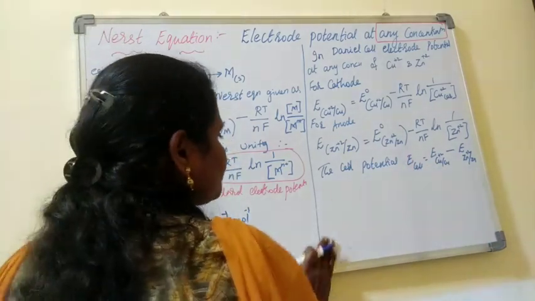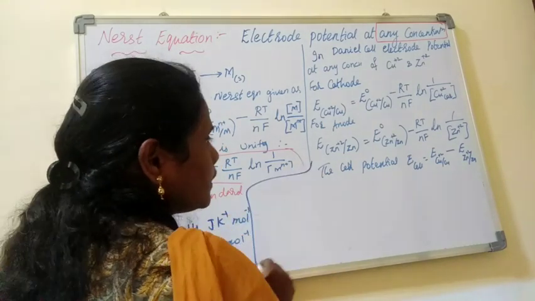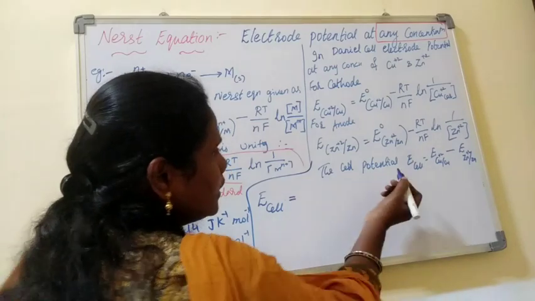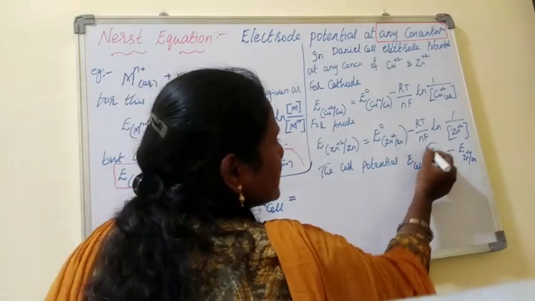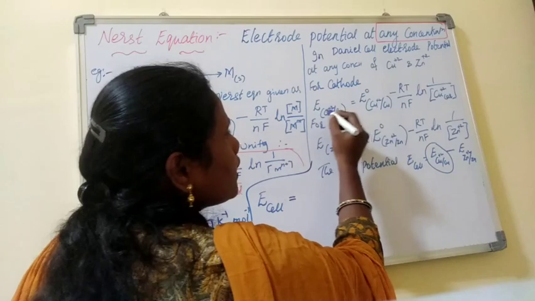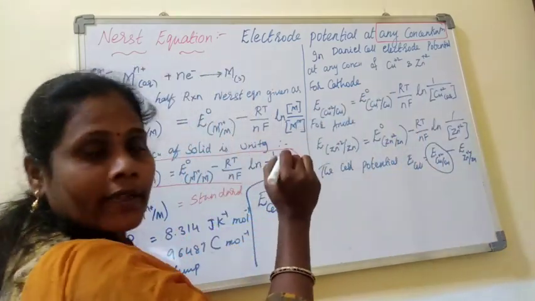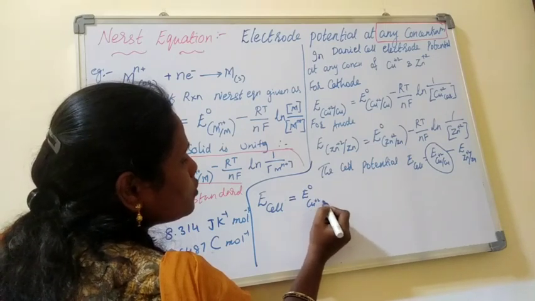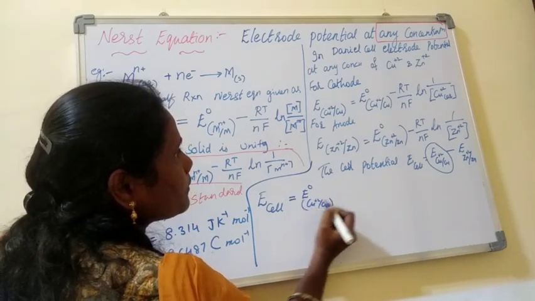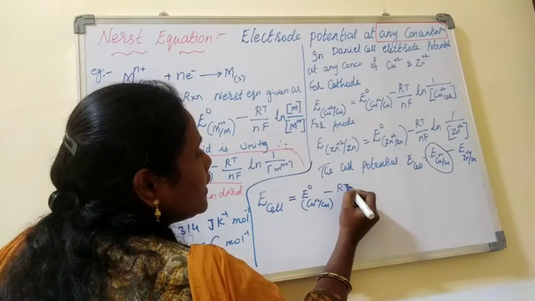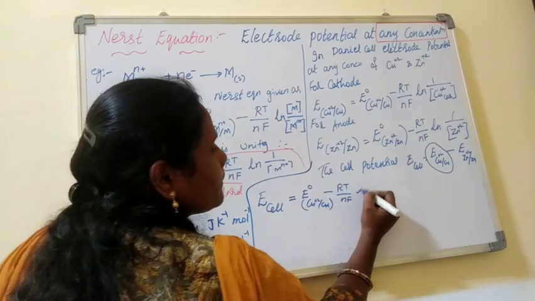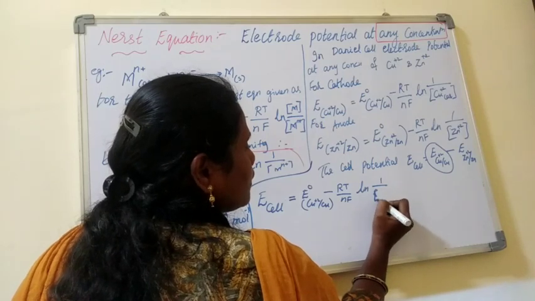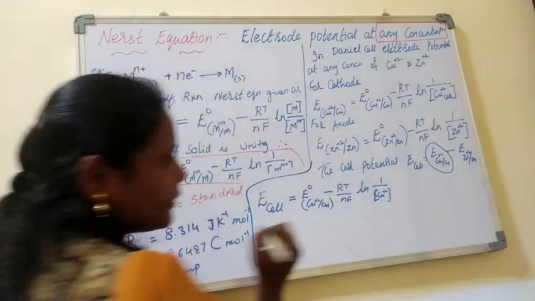Look at here. So here E cell is equal to E of copper plus 2 by copper, which means I have to substitute the whole reaction, right? So E naught Cu plus 2 by Cu minus RT by NF ln 1 by copper plus 2 ions, right?